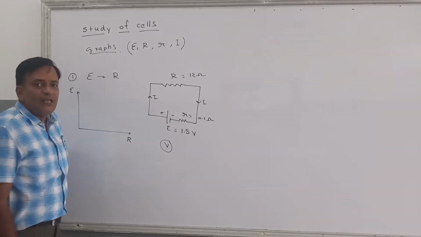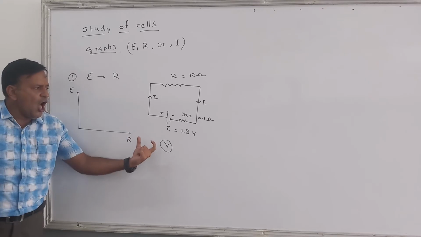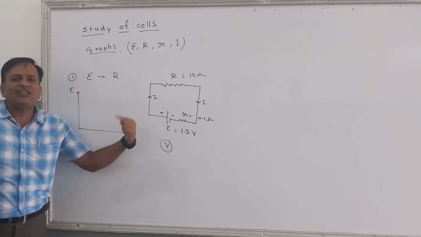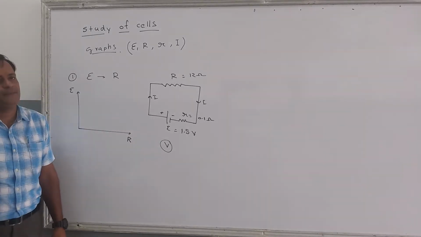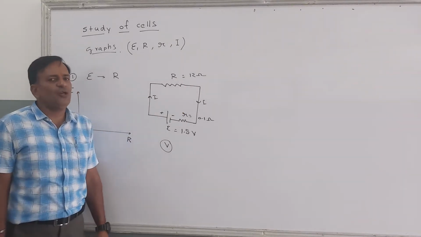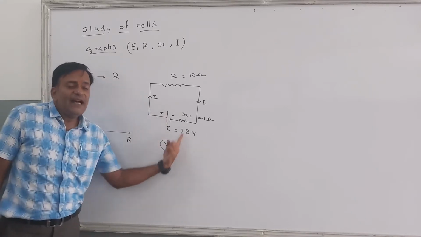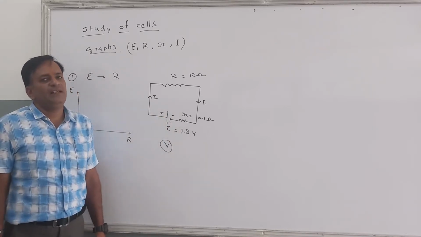Because the EMF of a cell depends on the chemical reaction going on inside the cell. Whatever external resistance you attach to it, it will not affect the internal chemical reaction of the cell.